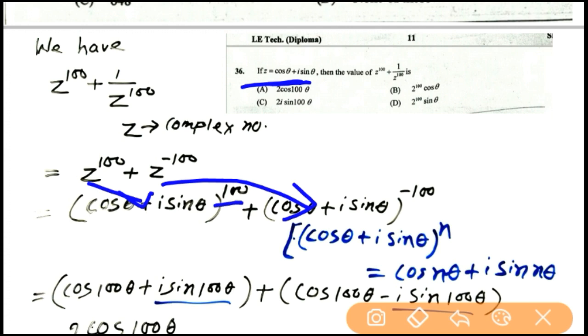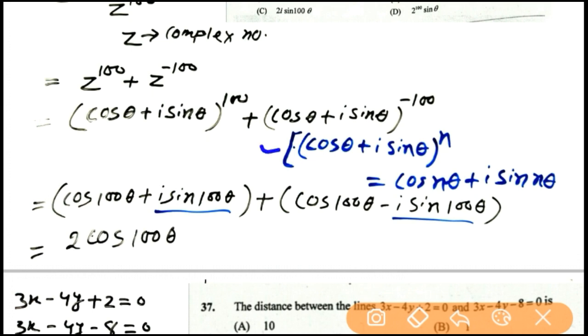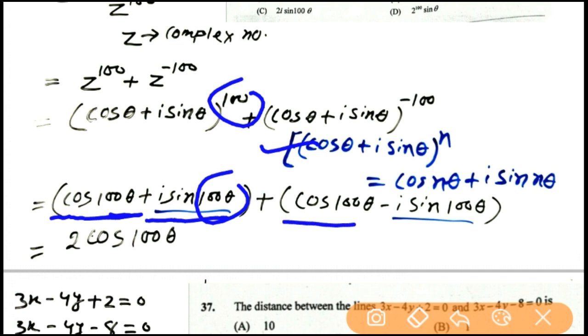So we have power 100 and power minus 100. When we have (cos theta + i sin theta)^n, we can also write it as cos n theta + i sin n theta. So by putting this, we get cos 100 theta + i sin 100 theta, plus cos 100 theta - i sin 100 theta. Here this is minus n, so we put a minus sign here.